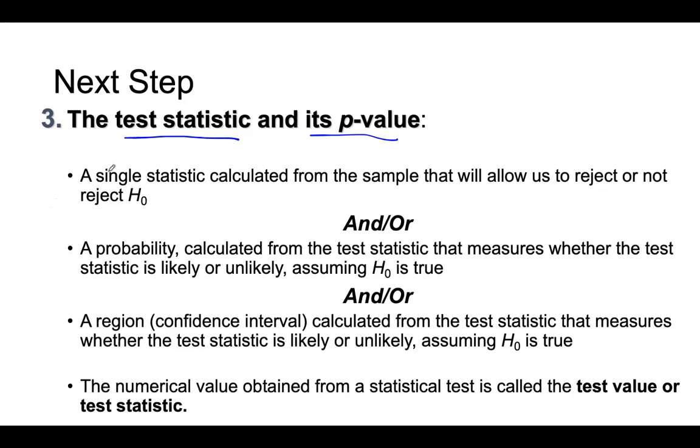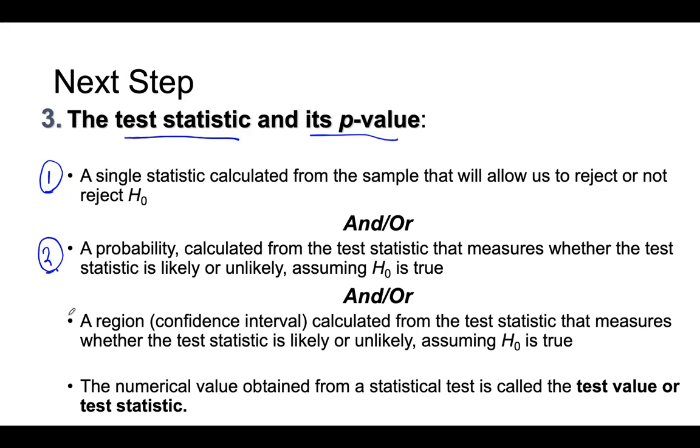So the first method is a single statistic calculated from the sample that will allow us to reject or not reject this null hypothesis. The second method is a probability calculated from the test statistic that tells whether the test statistic is likely or unlikely, assuming the null hypothesis is true.